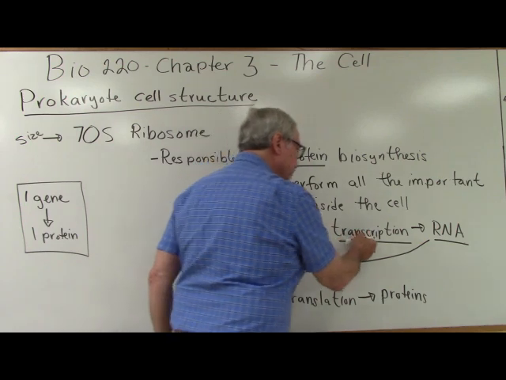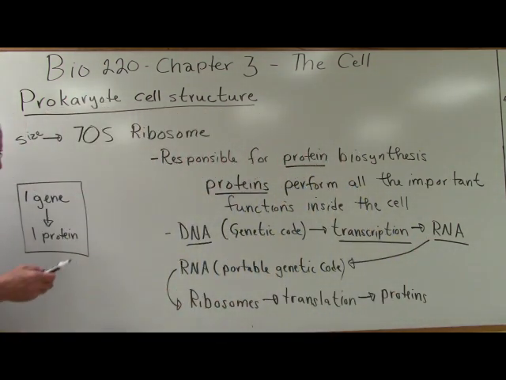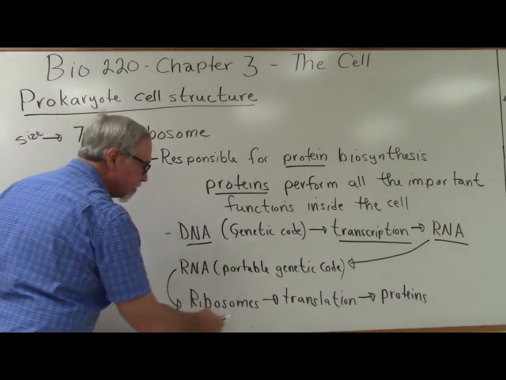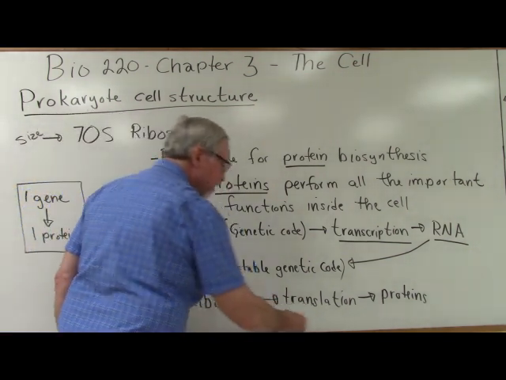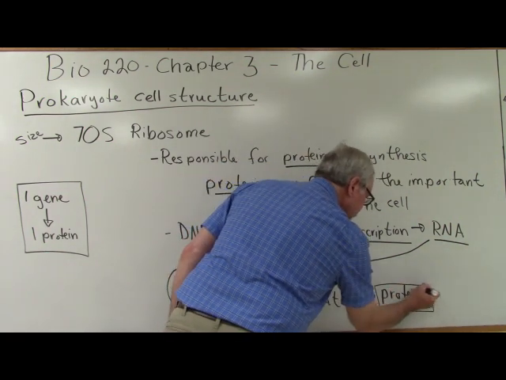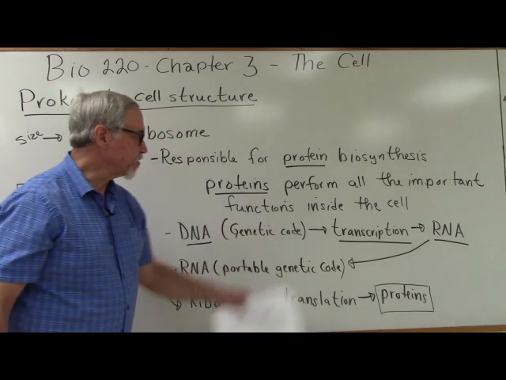It undergoes transcription, turns into this little portable copy that can move about more easily. The portable copy, the RNA, is then read by the ribosome and translated into these extremely important and somewhat easily damaged entities called proteins, which perform all the important functions inside the cell.